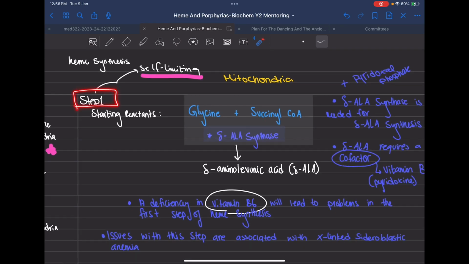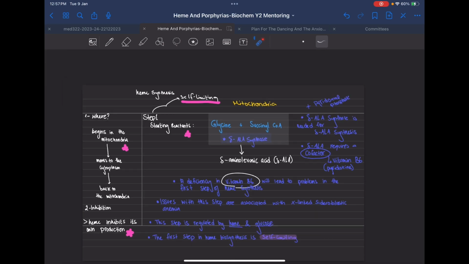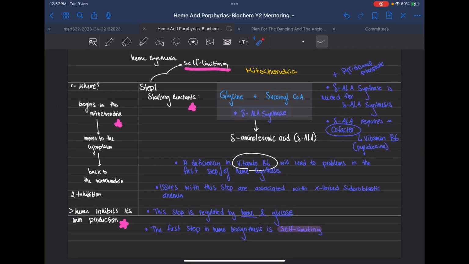The first step, we have our starting reactants, which are glycine and succinyl-CoA. I'm going to put another star next to this, because this is another thing that you are required to know according to your learning objectives. Your starting reactants are glycine and succinyl-CoA. So like we mentioned before, this first begins in the mitochondria.